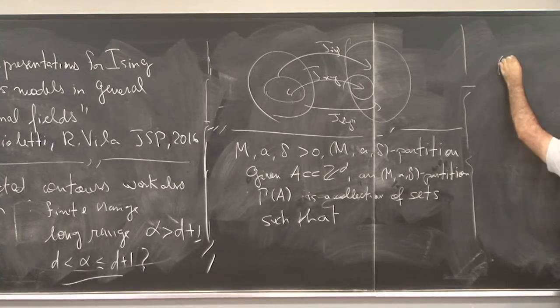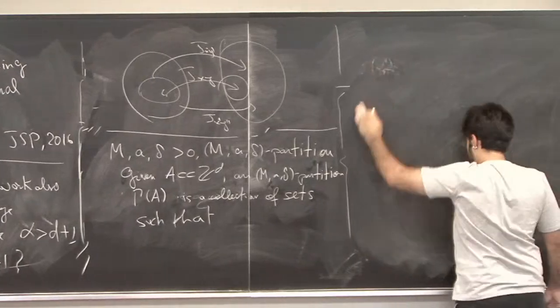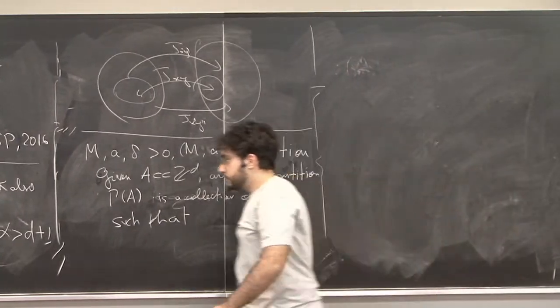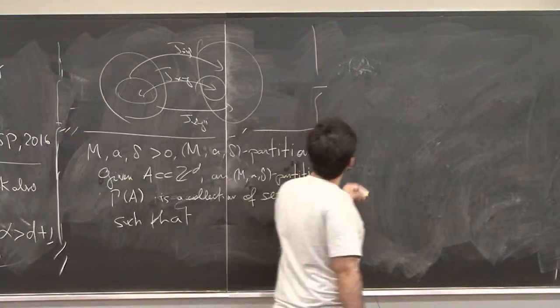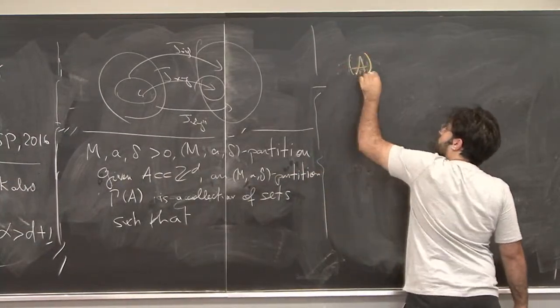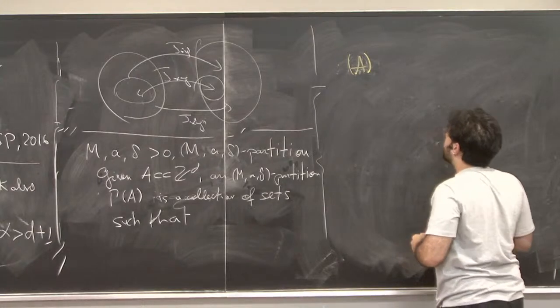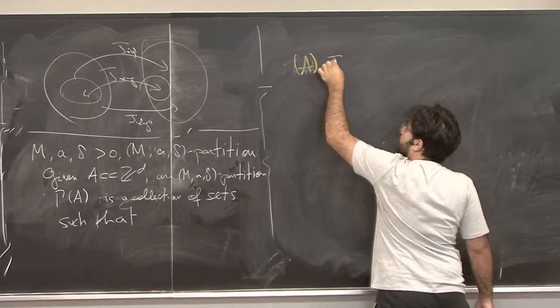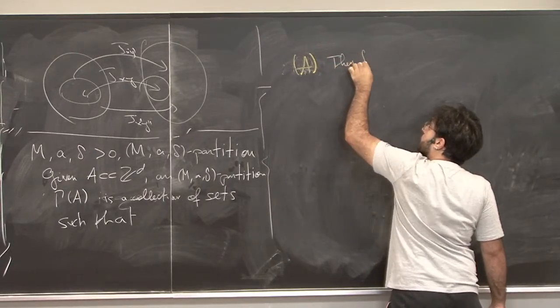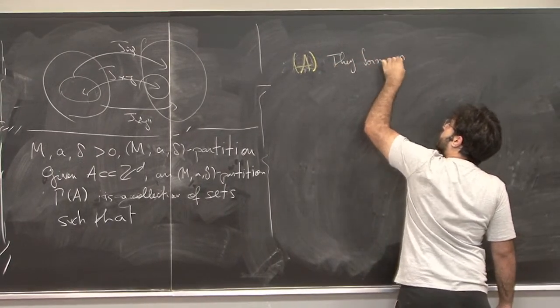The first is condition A. Let me take a colored chalk, yellow. The first thing is they form a partition.